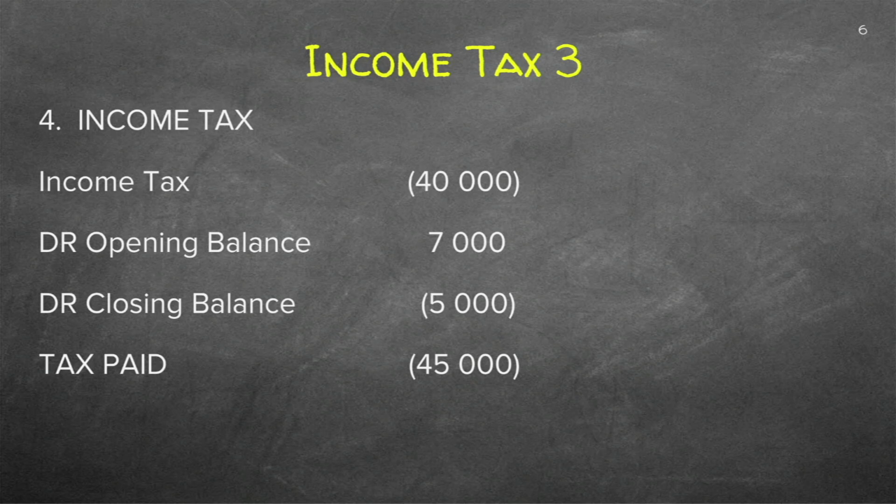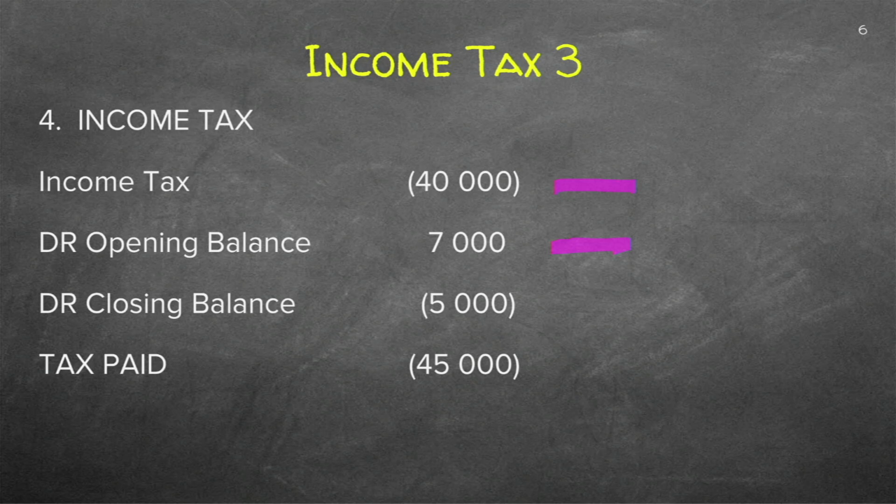Right, does your work look like this? So income tax is 40,000 Rand, which we've obviously got from our income statement, which would be our two provisional tax payments. Then my opening balance is 7,000. Can you see there, no brackets. Why?